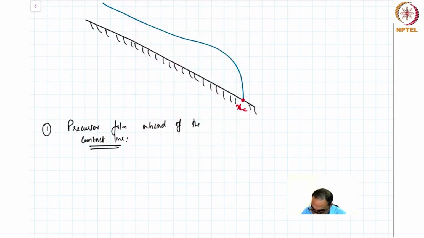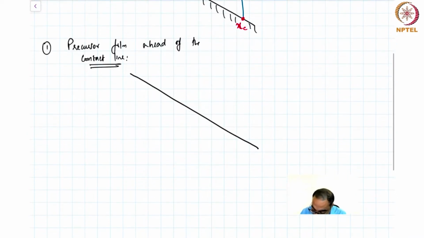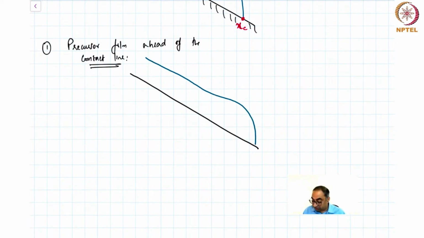So what exactly is this precursor film? Let's consider a thin plate like this, and we have a contact line problem. If you notice carefully, I haven't really completed my drawing, for a very good reason. The argument is that when you approach the contact line, beyond this point there is a very, very thin, microscopically thin film in front.